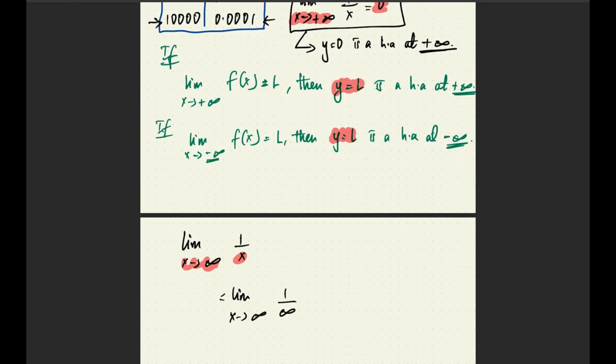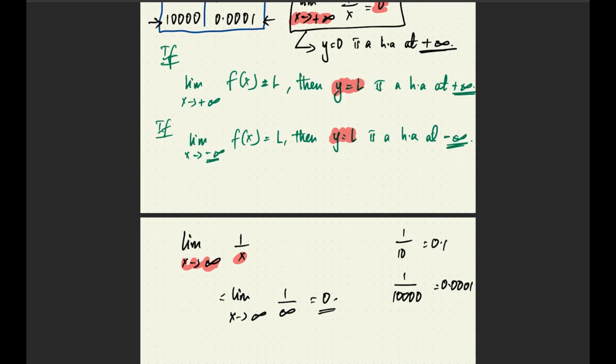Infinity, as we said, is rather like a concept, but it represents a very, very large number. 1 divided by a super large number is just going to be 0. For example, 1 divided by 10 is 0.1, but 1 divided by 10,000 is a very, very small number, close to 0. So that gives you 0. That's how we can do this question using direct substitution.